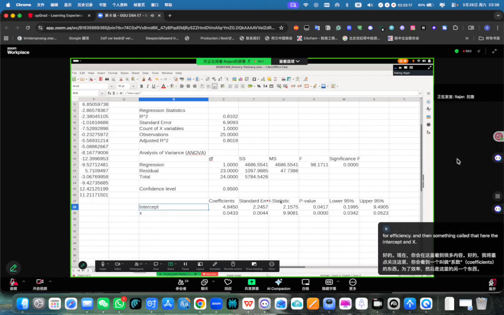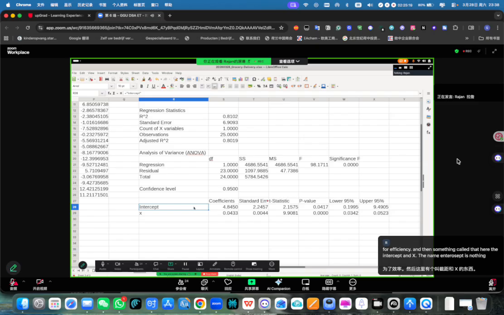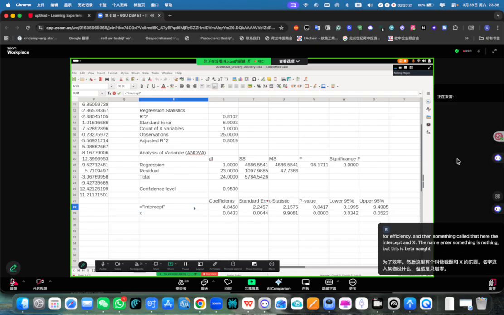The name intercept is nothing but beta naught. And this is nothing but our beta 1.